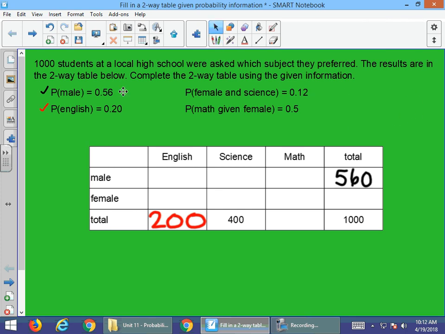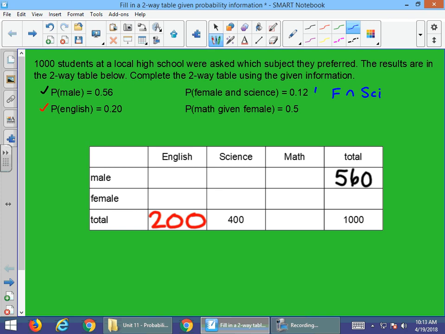All right, the next one says the probability that they are female and in science. So this one's a little bit different. This one is both female and science.